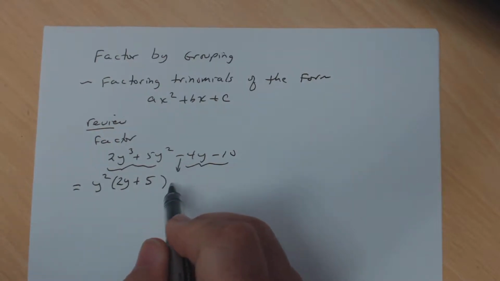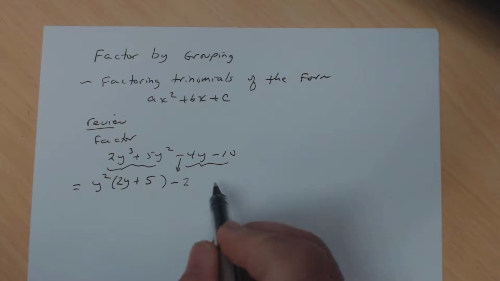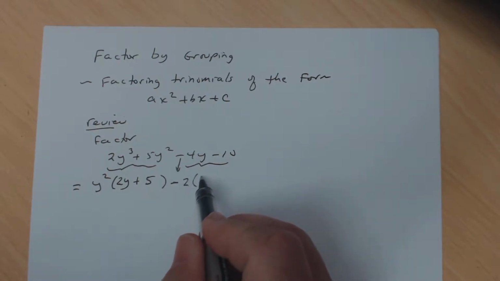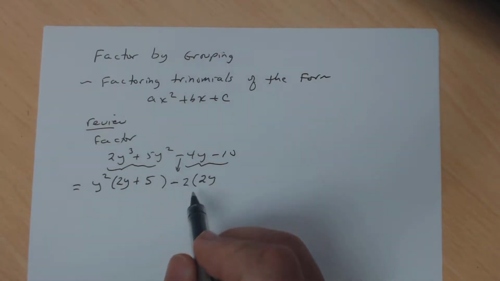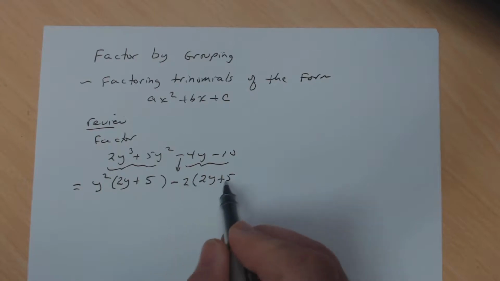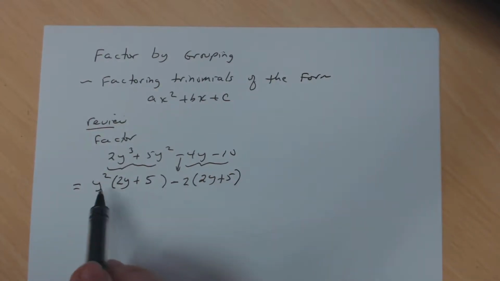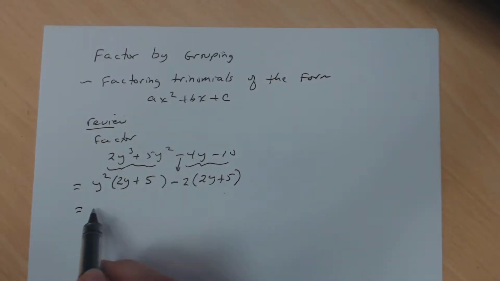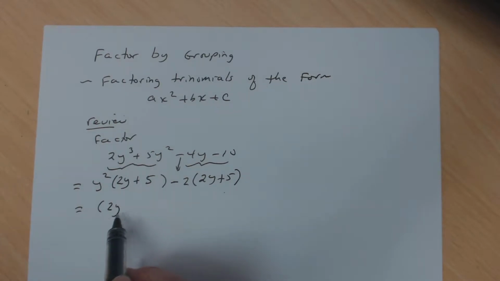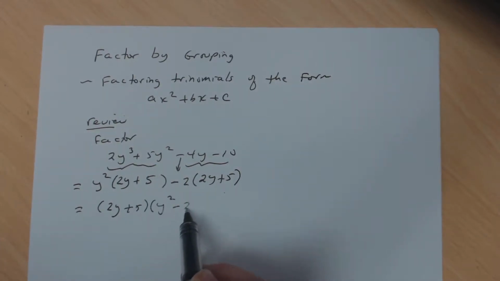So in the second group, I'm going to factor out a negative 2, and I'm left with 2y, because negative 2 times 2y is a negative 4y, and then negative 2 times positive 5 is a negative 10. And so from these two groups, the GCF is 2y plus 5. So I'm going to factor out 2y plus 5, so 2y plus 5 times y squared minus 2.